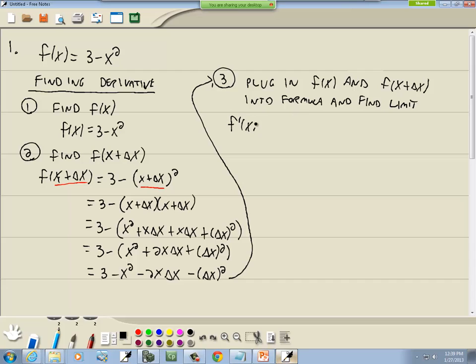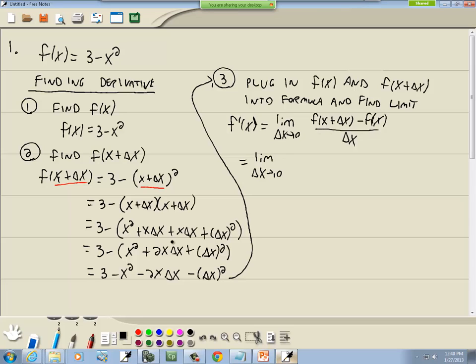So f prime is going to equal the limit as delta x goes to 0 of f of x plus delta x minus f of x, all over delta x. So that's the limit as delta x goes to 0.